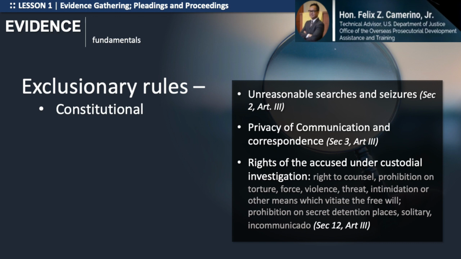If it's a search that, given the circumstances, must be with a warrant, then it would be considered an unreasonable search and seizure, if evidence is seized and there are no warrants to allow that.